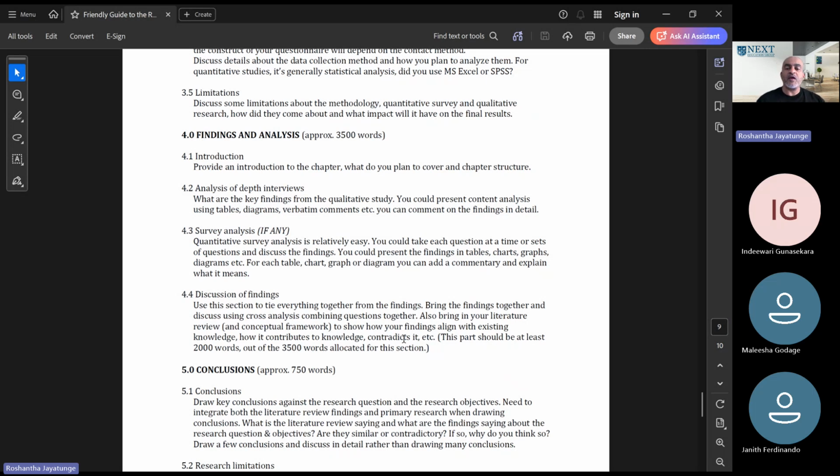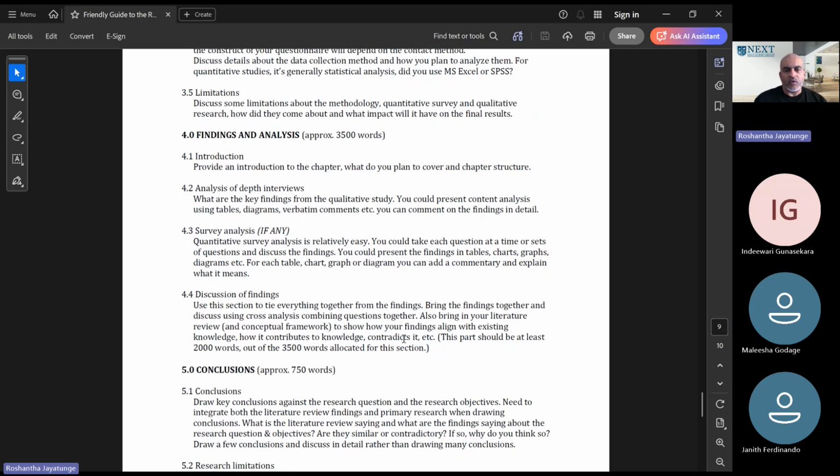Okay, there might be a new variable that has come out. That variable is something that was not discussed earlier in the literature. So now you're presenting something new. So this is how it is contributing to knowledge. That is what it means by contributing to knowledge. You're enhancing the scope of knowledge that we now have on the subject that you are discussing.